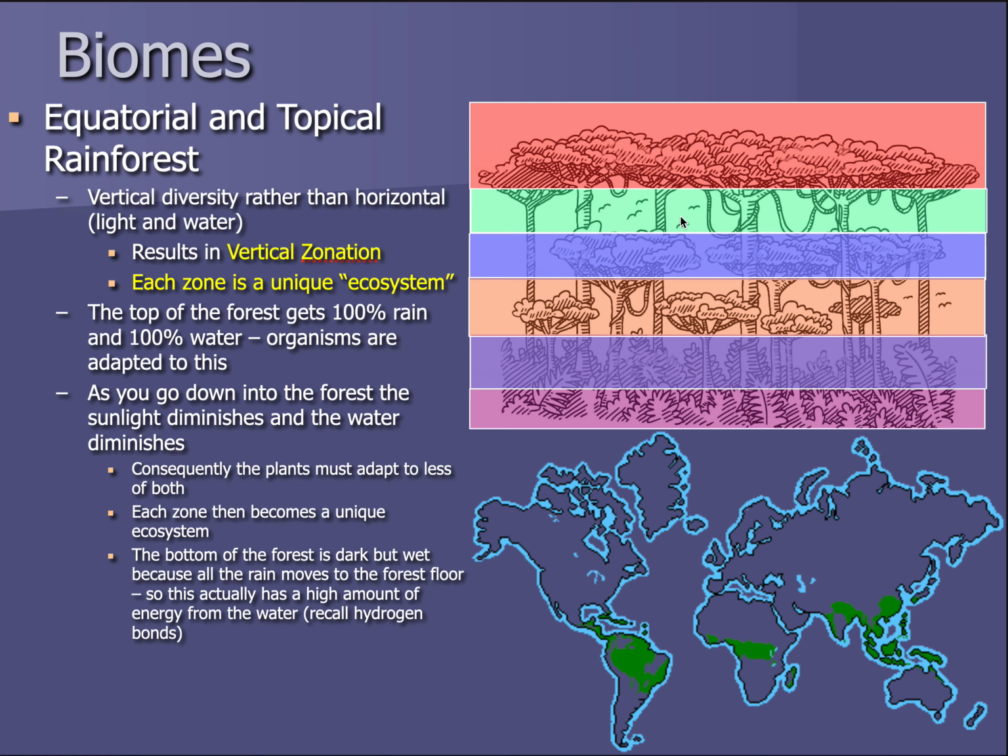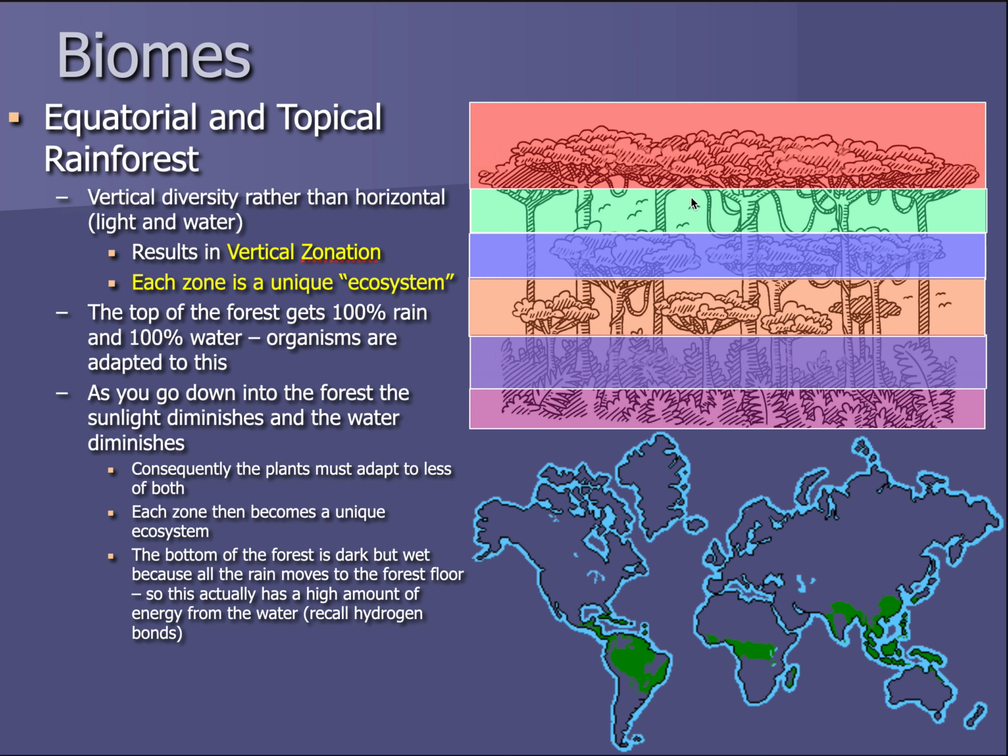So we come down, and we lose some of that moisture because we're underneath the tree canopy. That moisture gets captured by these leaves, and then those leaves transfer it down the branches, and the branches pull it down the trunk. So moisture is being transferred this way. Little of it penetrates as rain through this part of the forest.